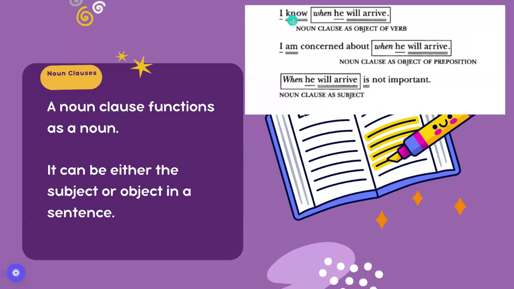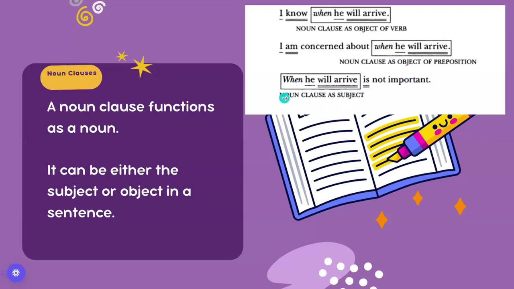I know, you know what? When he will arrive. I am concerned about when he will arrive. Now, this is a noun clause as object of preposition because if I ask the question, you're concerned about what? About when he will arrive.